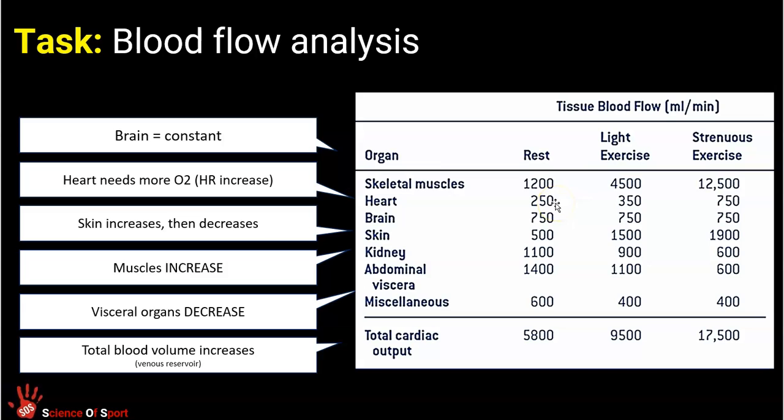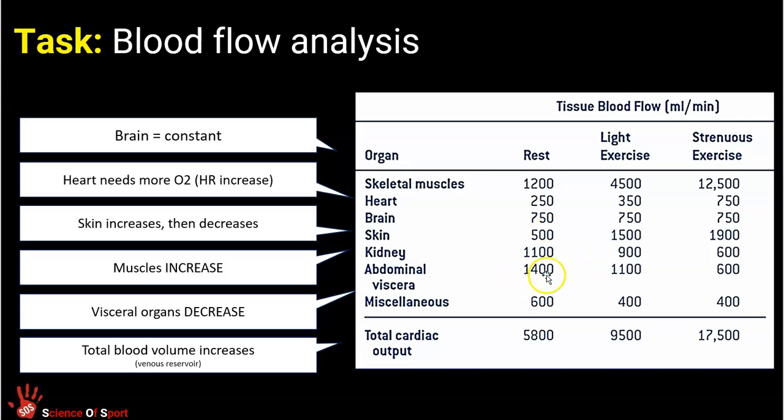A small amount is going to the heart, because obviously it's got to have energy and oxygen to make the myocardium beat even at rest. The brain gets 750, skin a little. Now the blood would go to the skin to cool you. So you're not exercising, you're not generating loads of heat, so not much goes to the skin.